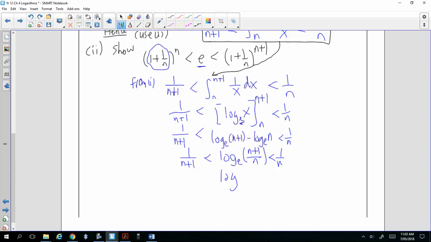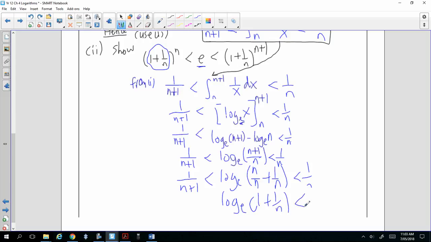Which becomes log base e of 1 plus 1 over n. So this is good progress. I could see certain things start to appear. So the question is, how do I get into this form? We've got most of the parts that we want. We've got the 1 plus 1 over n. And the question is, how do I make it look like this?